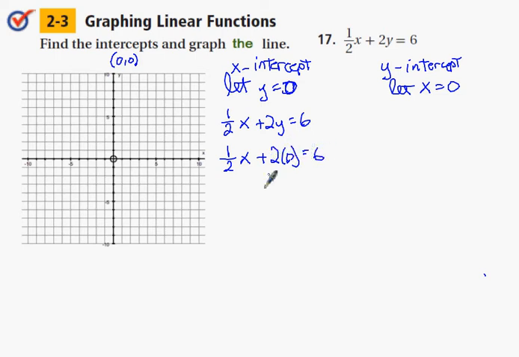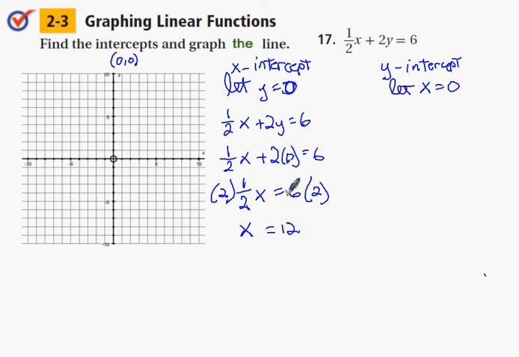Well, 0 times 2 goes to 0, so we are left with 1/2 x equals 6, and if I multiply both sides of the equation by 2, 2 times 1/2 is 1, and 1 times x is simply x. 2 times 6 is 12.